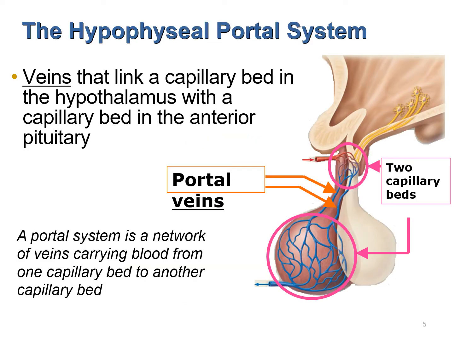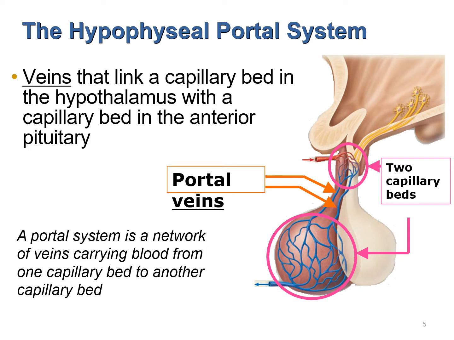Let's start our discussion by describing the hypophyseal portal system. So first, what is a portal system? A portal system is a network of veins that carries blood from one capillary bed to another capillary bed. Now, without getting into too much detail, there are three types of blood vessels.